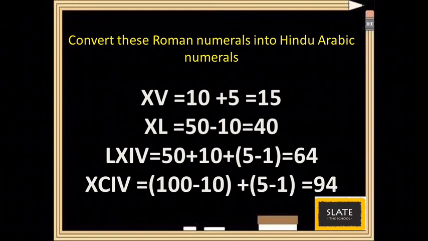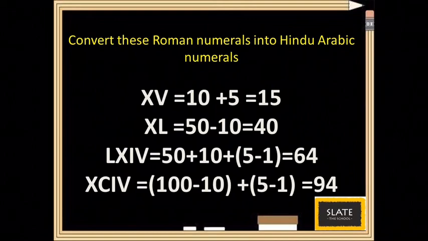XL is equal to 50 minus 10 is equal to 40. LXIV is equal to 50 plus 10 plus (5 minus 1) in the bracket is equal to 64. XCIV is equal to 100 minus 10 plus (5 minus 1) is equal to 94.